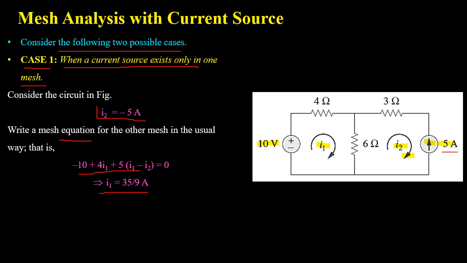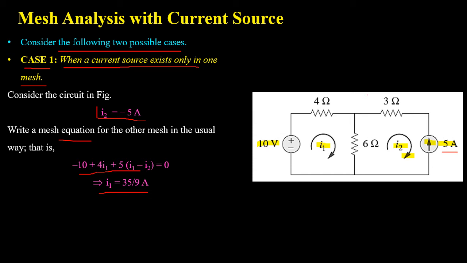So whenever a current source occurs in a single mesh and that current source is not shared by any other loop directly, you can assign the mesh current equal to the value of the current source. But you have to be careful with the direction of current. If the direction of the current source and the mesh current are both the same, then the mesh current will be equal to the positive value of the current source.